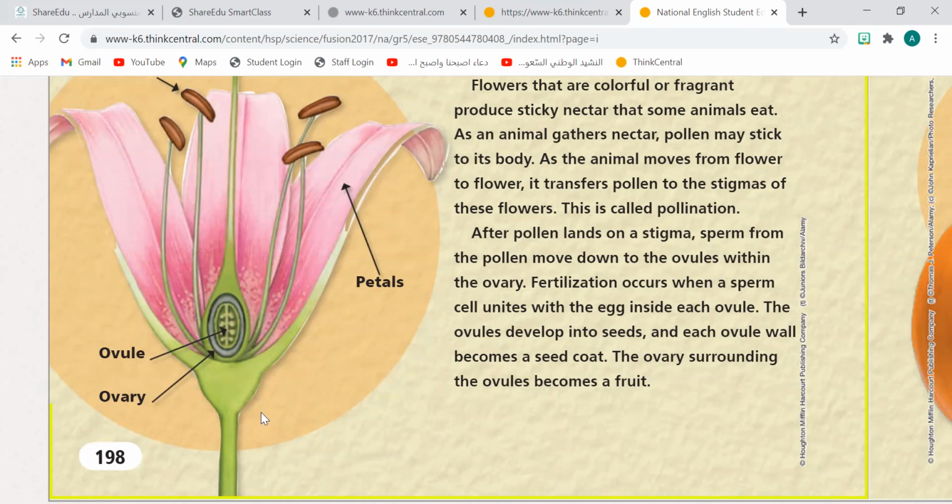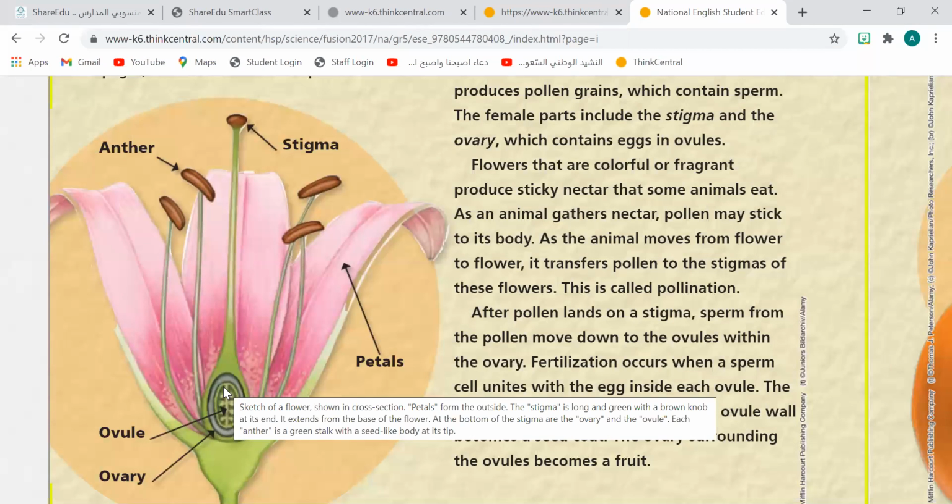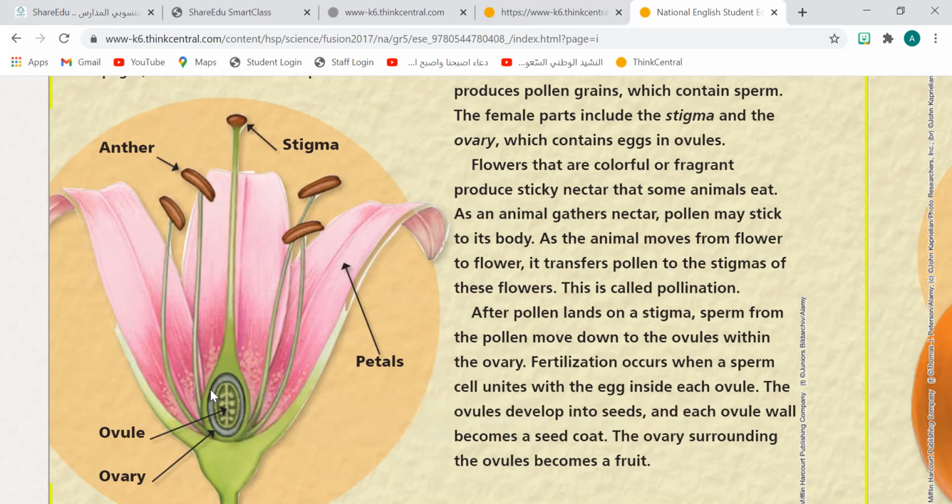Now, when the anther sprays the pollen, it comes inside the stigma. When it goes inside the stigma, the sperm is going inside to give the eggs. And then it will be fertilized. When it's fertilized, what will appear?